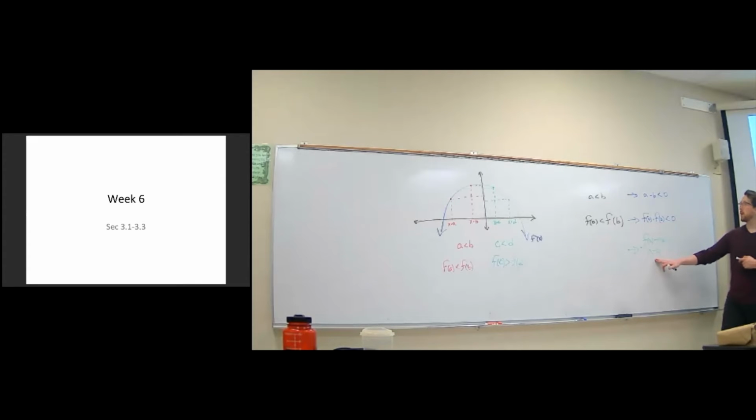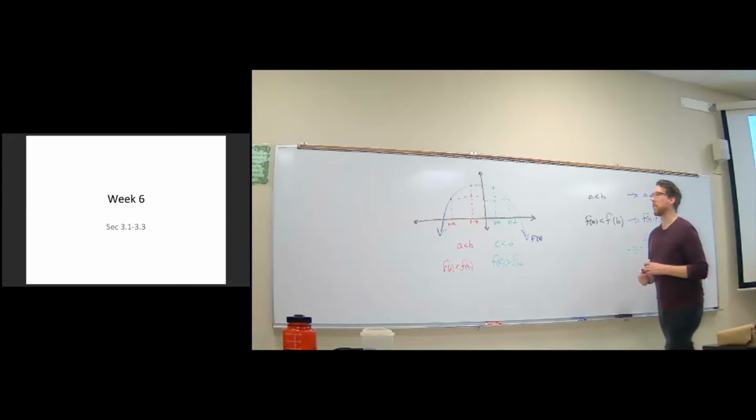That's what these are telling us. Because a minus b is negative, f(a) minus f(b) is negative. Neither are 0, so we can divide by each other, right? A negative divided by a negative is a positive, right? So that tells us that the slope of our secant line to these 2 points has to be positive.